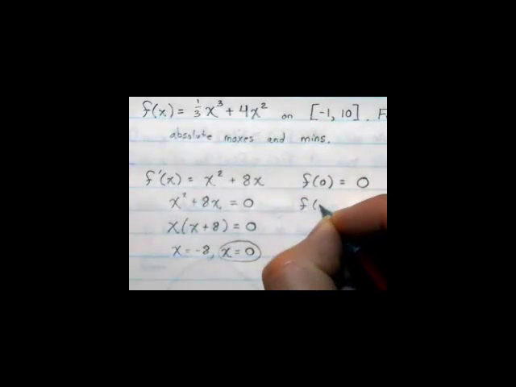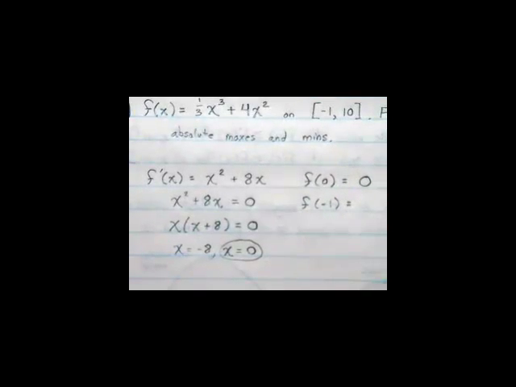And then the endpoints of my interval, -1. Can we do that in our head, or do we need a calculator? I believe it's 3 2/3, because you'd have 4, and then you'd subtract a third. So it's 3 2/3.